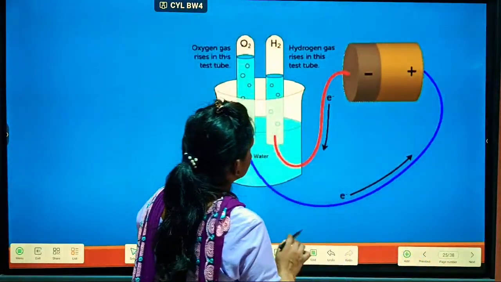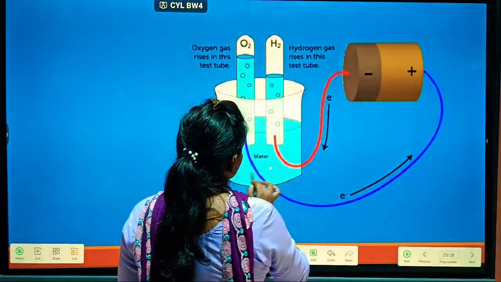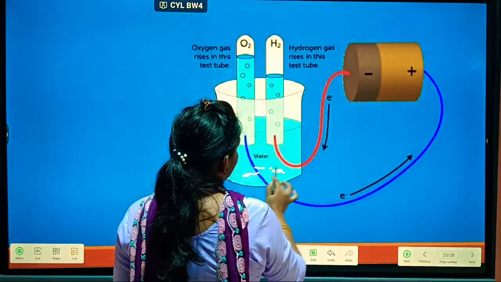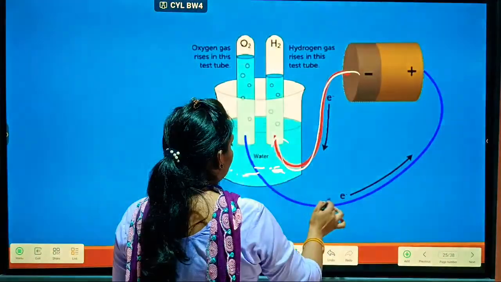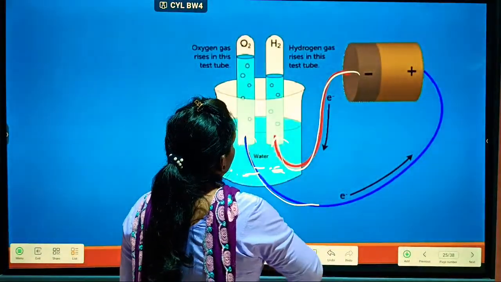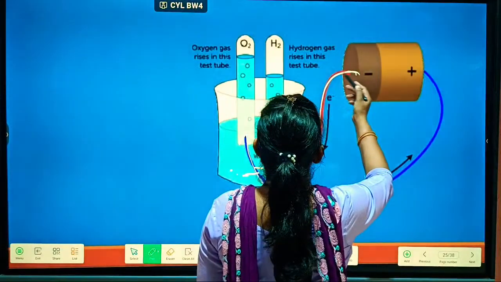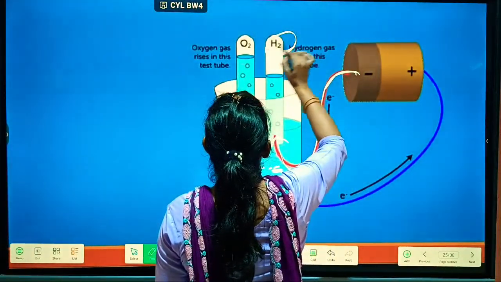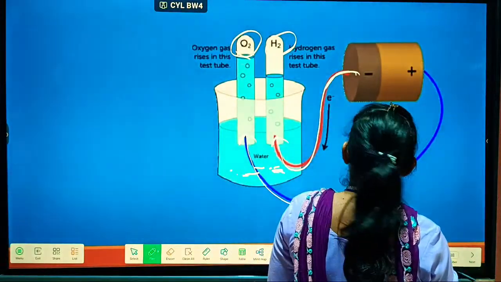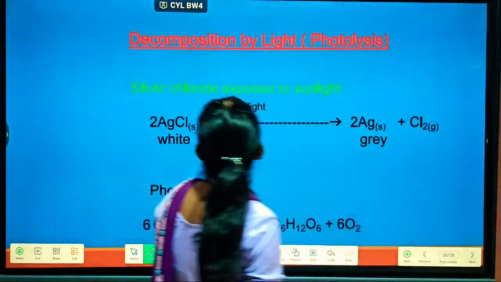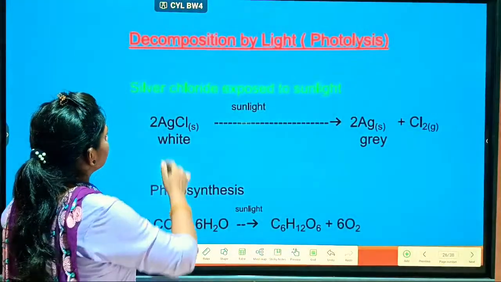In this way you can see, this is water. If you pass electricity through it, then what will happen? Production of hydrogen and oxygen gas takes place. Decomposition by light.